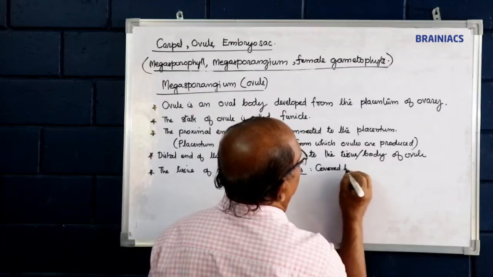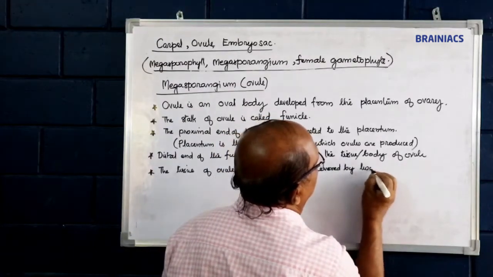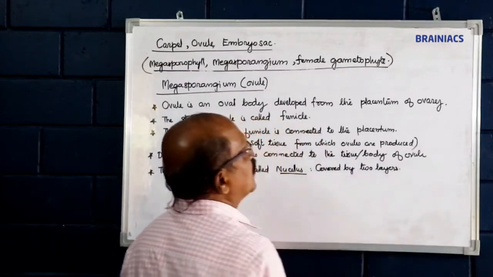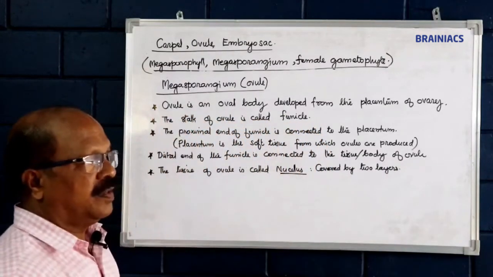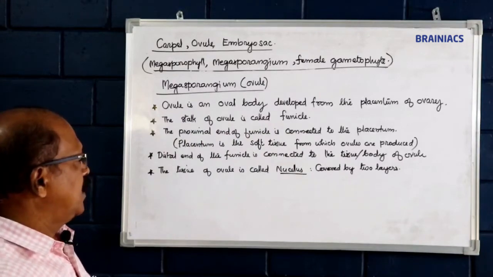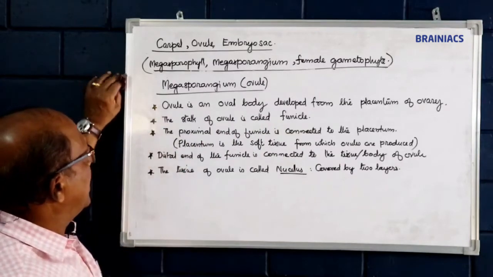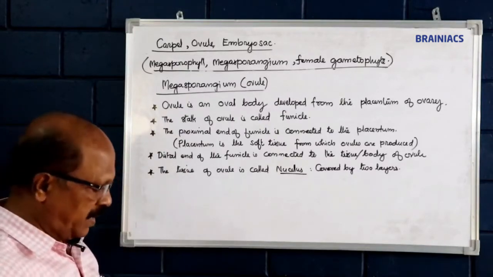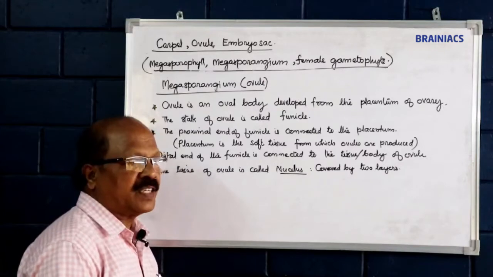Covered by 2 layers of membrane, 2 layers that you can see later, integuments. See, megasporangium or ovule that later becomes the seed after fertilization.